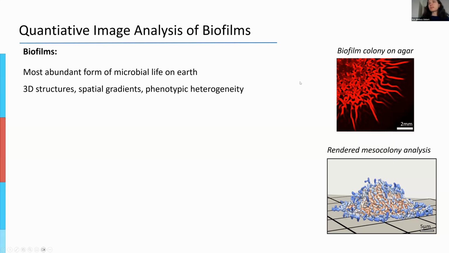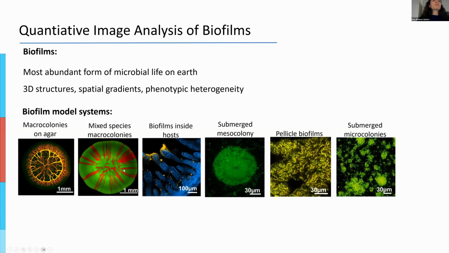These two examples on the right don't really cover the heterogeneity that we can see by simple eye when we're looking at different biofilms. As you can see in these different images that were all either acquired or analyzed in our lab, the heterogeneity is really monumental. We have on the left macrocolonies on agar, macrocolonies of mixed species, but also biofilms inside of hosts, where you can ask the question, how does the biofilm influence the host?